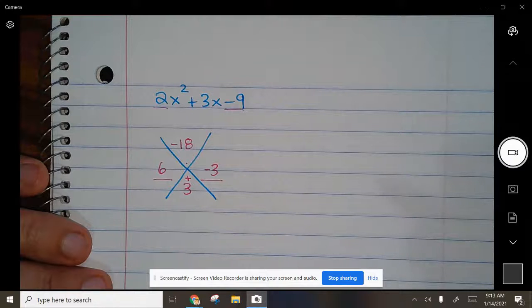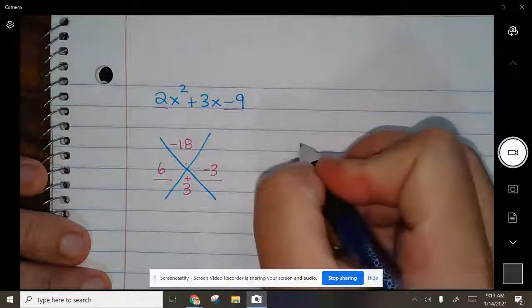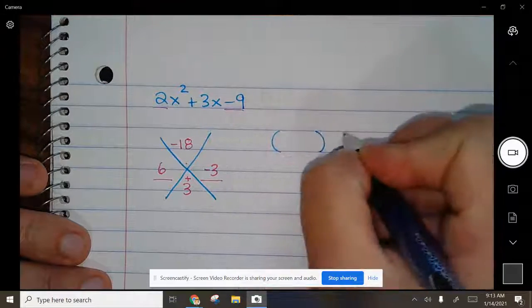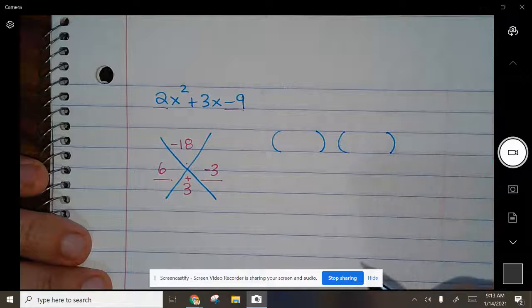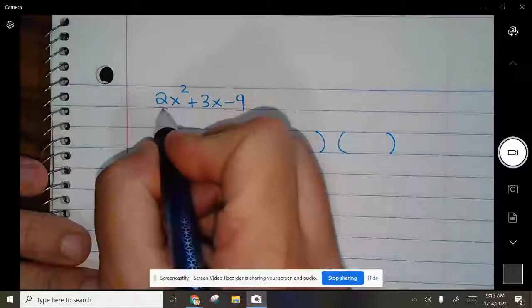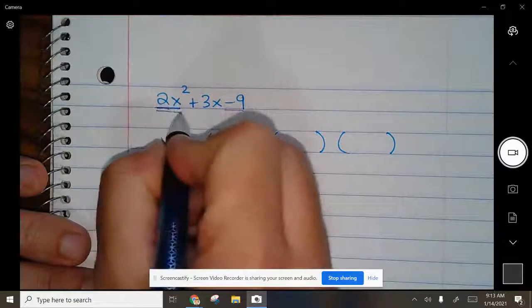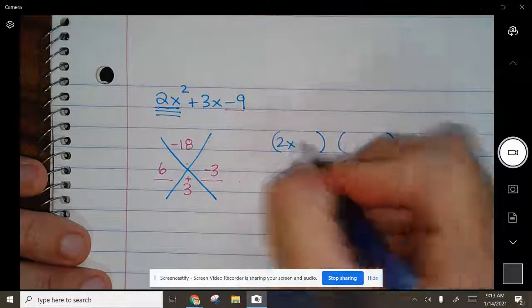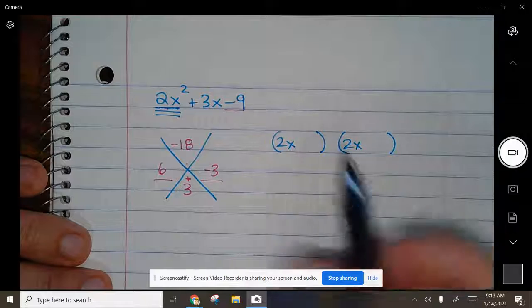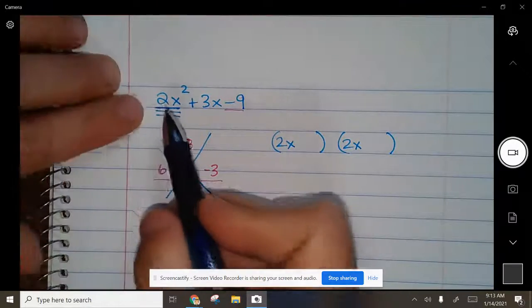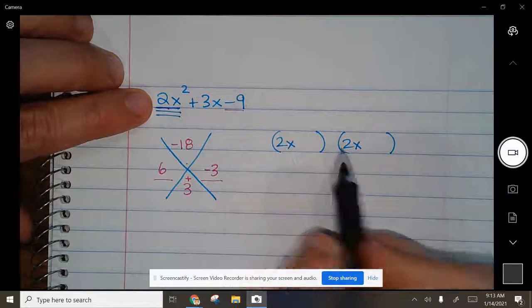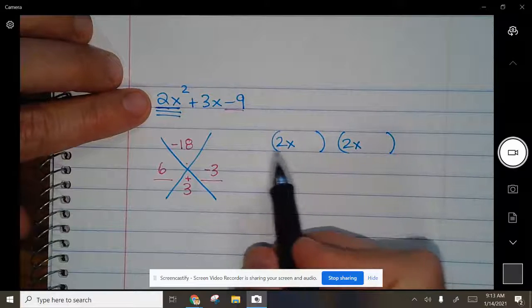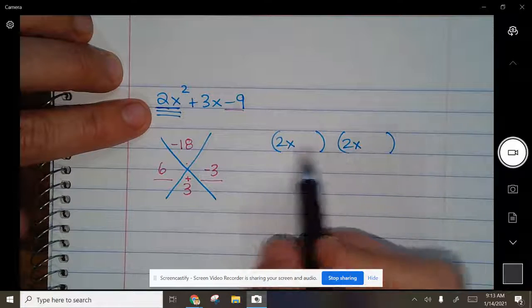Great. Now, let's move on to our final step here. We're going to have to start our parentheses. What are we going to start them with? Not 2x squared, just the 2x, okay? So 2x starts both our parentheses. You must start with that coefficient. This coefficient a is important to be part of your factor. It may get trashed eventually, but to start your factoring, you must do that.